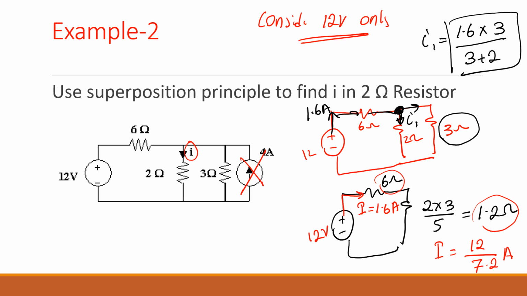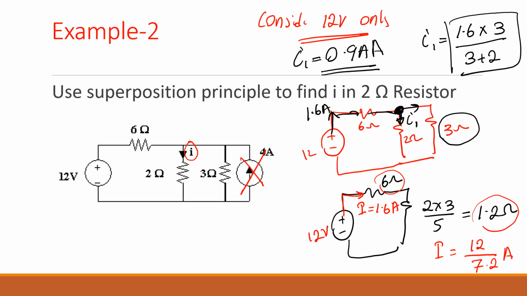You can't forget this. So that will be 1.6 times 3 divided by 5, which is 0.96 amps. So when you only consider 12 volts, the current across the 2 ohms will be equal to 0.96 amps. Do you agree with that?